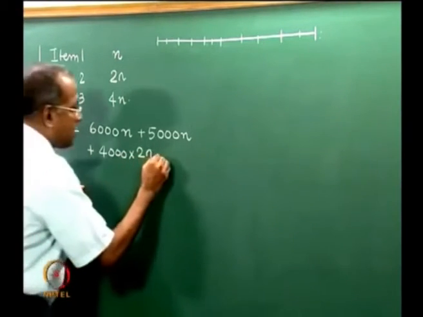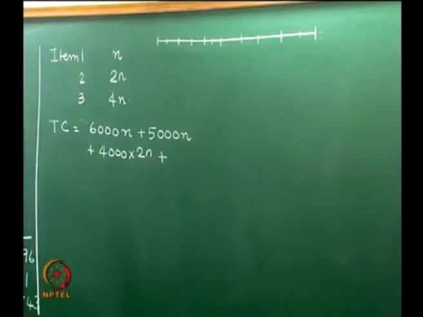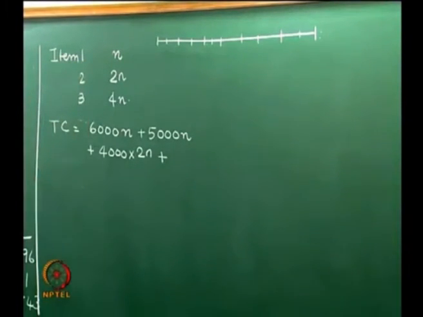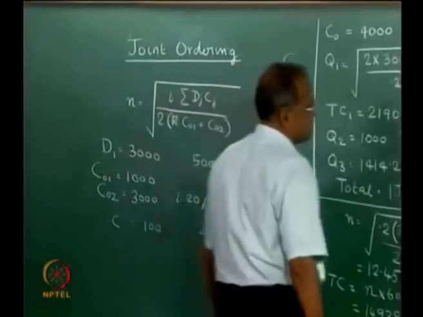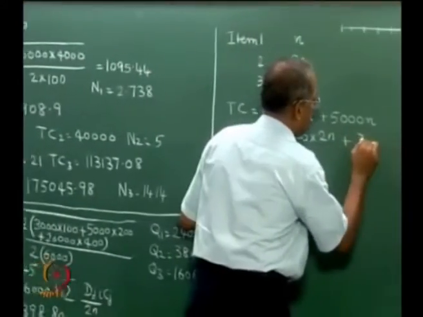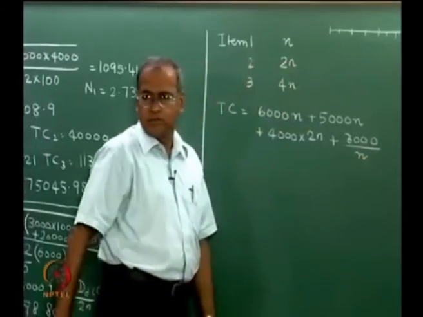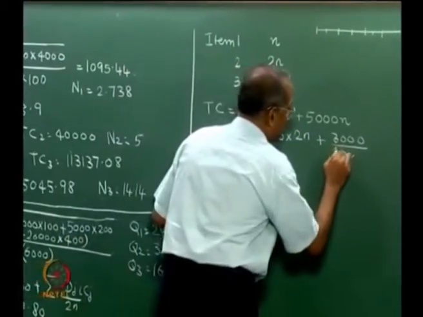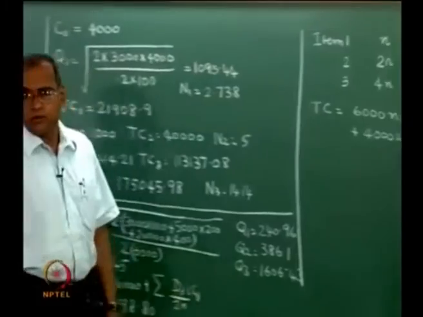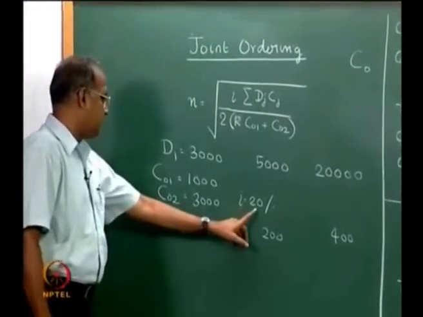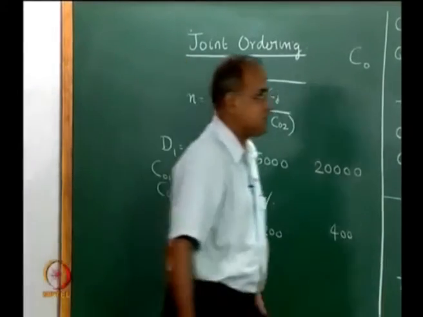Now, the inventory carrying cost will be, if I have n orders for item 1, the order quantity will be 3000 divided by n. This is q. So, q by 2 into carrying cost Cc, which is I into C, which is 20% of 100, which is 20.